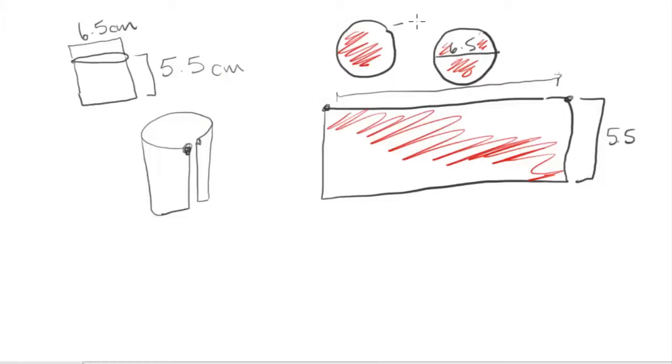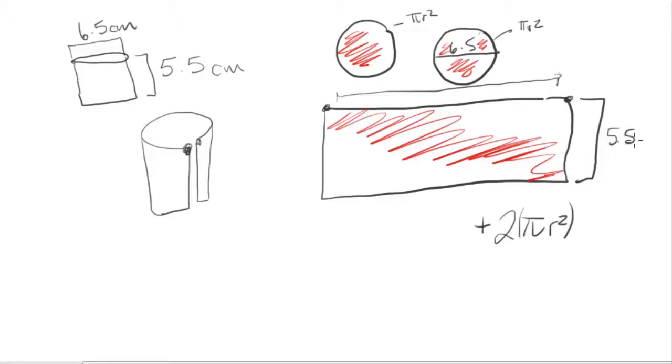Well, this is pi r squared. And that's pi r squared. So we have 2 pi r squareds. We have 2 of those. Then we need to add them to this.